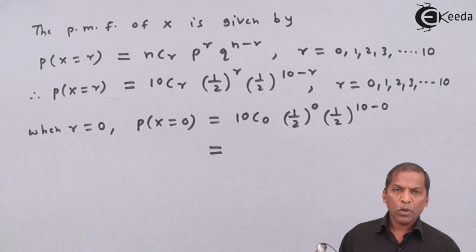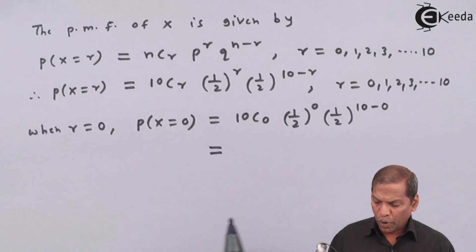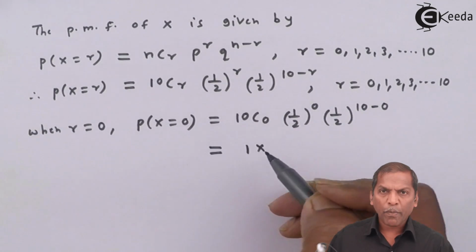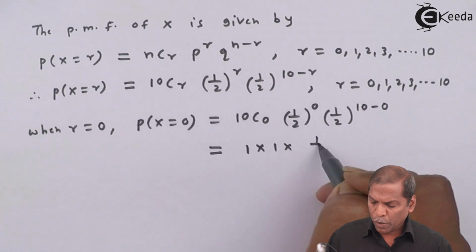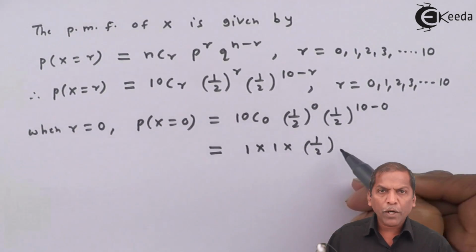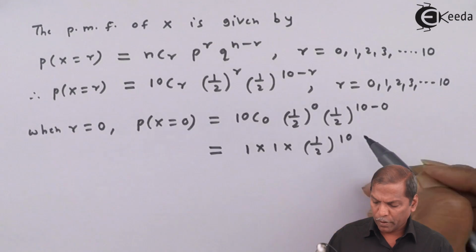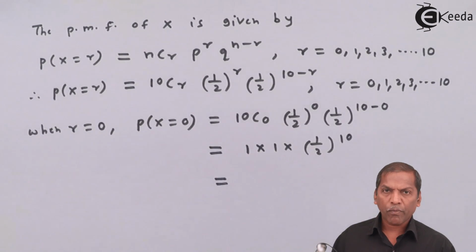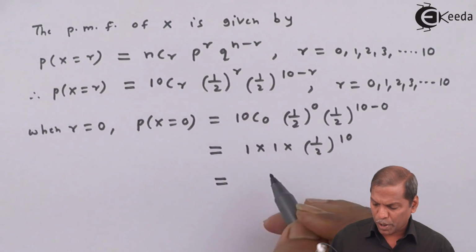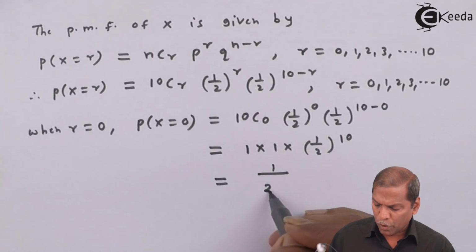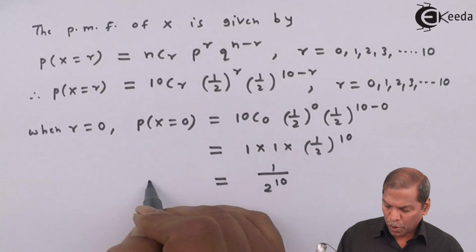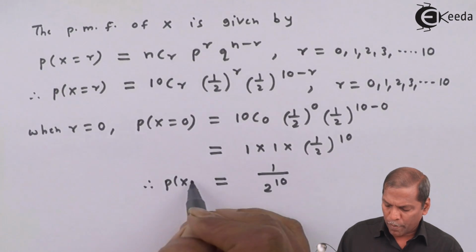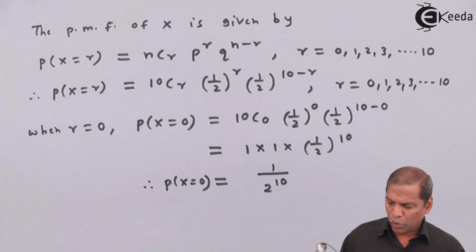Now 10C0 gives 1, 1 by 2 raise 0 also gives 1. So we are left with only 1 by 2 raise 10, which is 1 upon 2 raise 10. So that is the answer for probability x equal to 0.